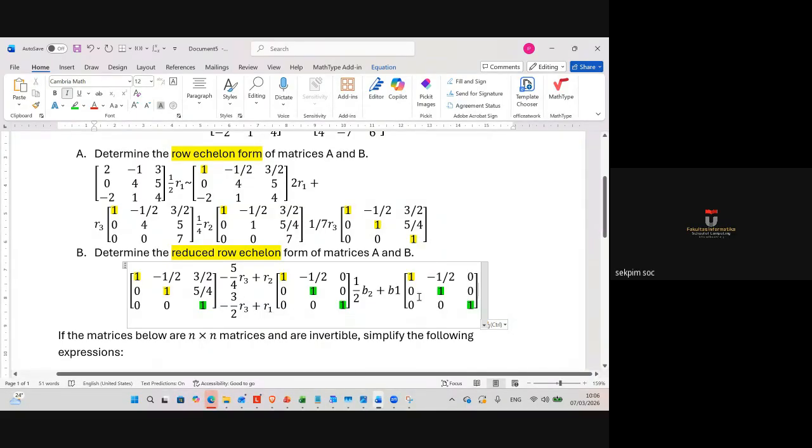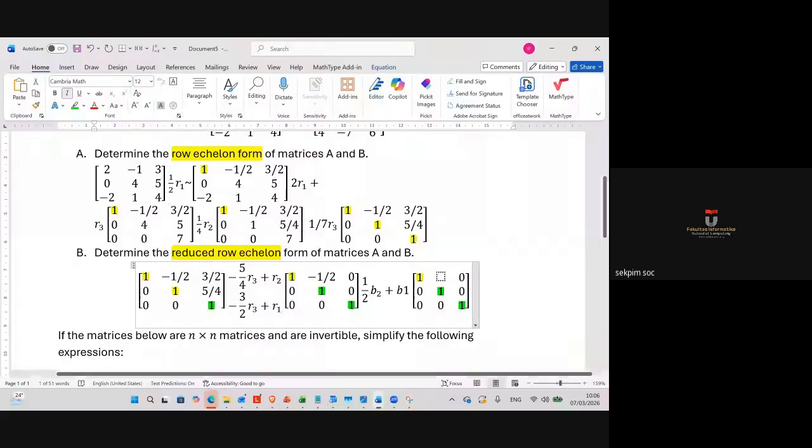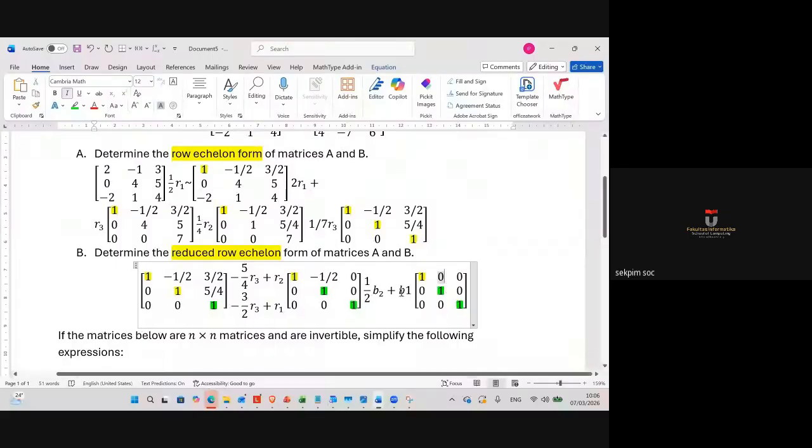In this column we have half of 1, half of 1 is half, plus minus half is 0, right? Like this. And nothing changed in the first column.